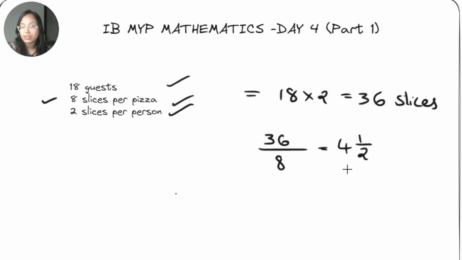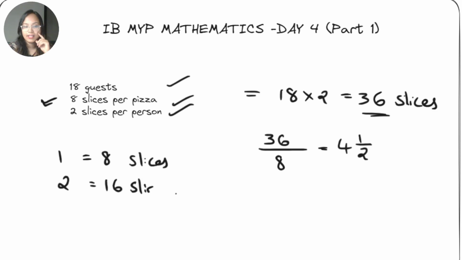Do you know how to divide, right? Just think like this. Per pizza, there are 8 slices, and we need a total of 36 slices. For one pizza, there will be 8 slices. For 2 pizzas, there will be 16 slices. That is 2 8s, right? For 3 pizzas, it will be 24 slices.